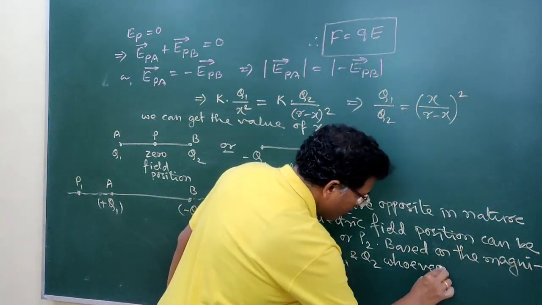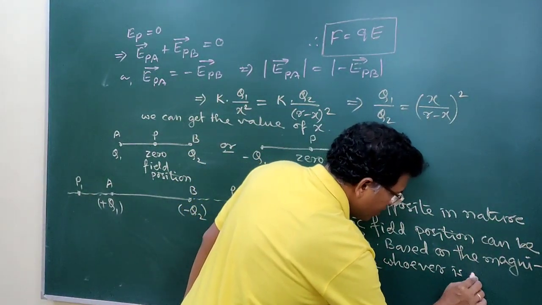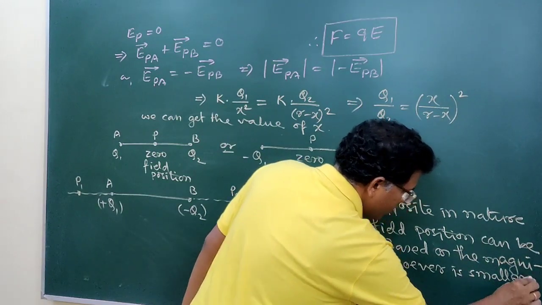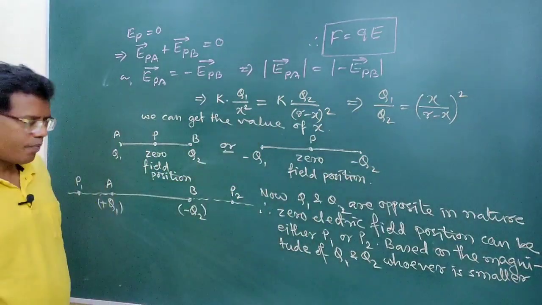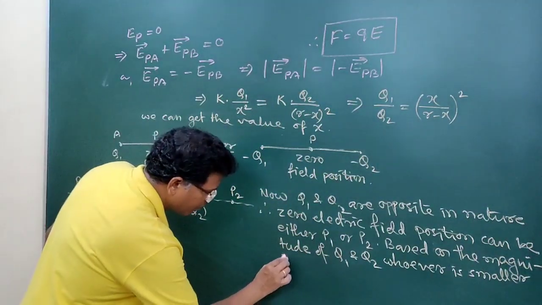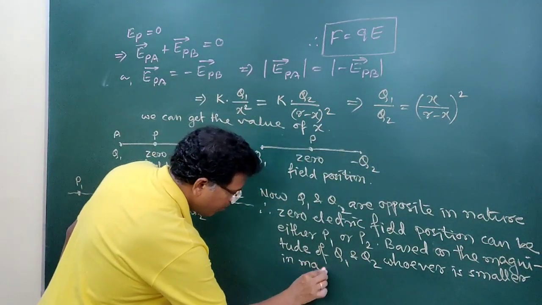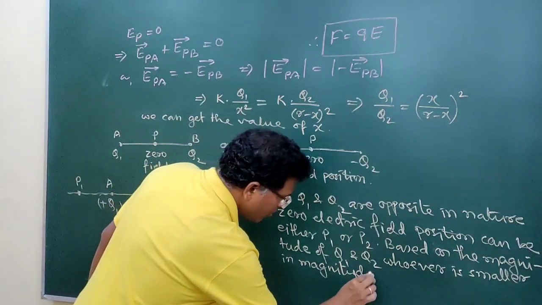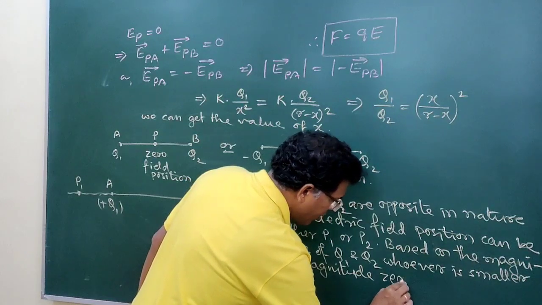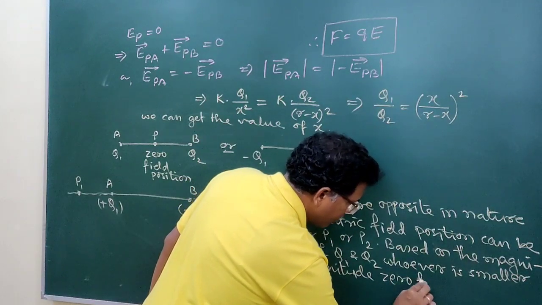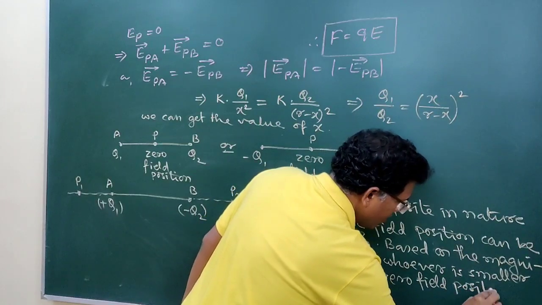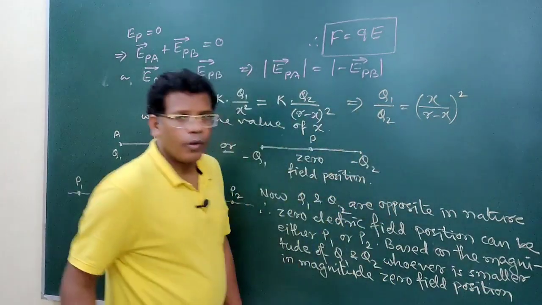whoever is smaller in magnitude, the zero electric field will be closer to it.